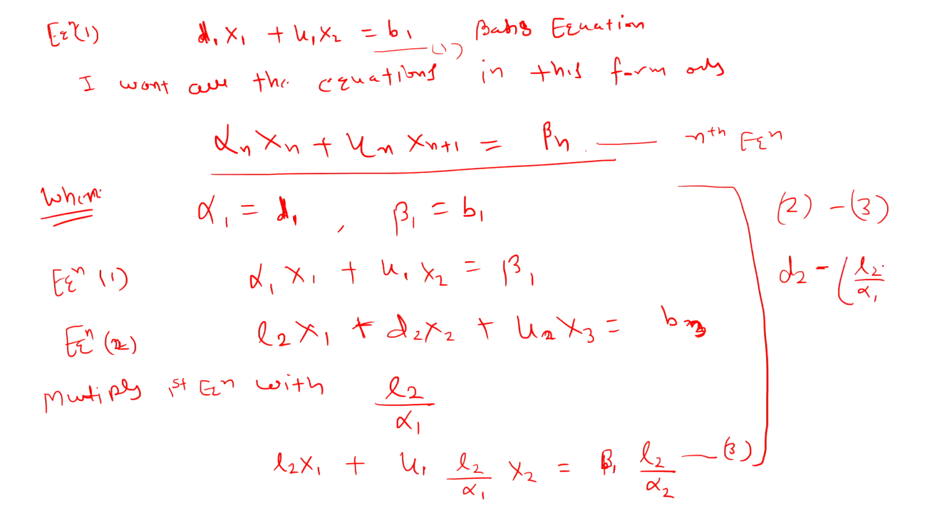And 2 minus 3 will lead to nothing but d2 minus L2 upon alpha 1 u1 times x2 plus u2 x3 is equal to b2 minus L2 upon alpha 1 times beta 1.